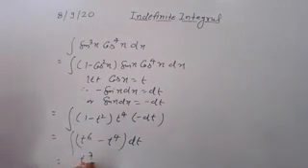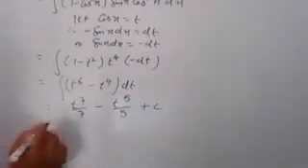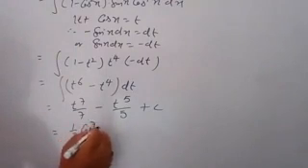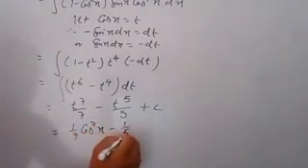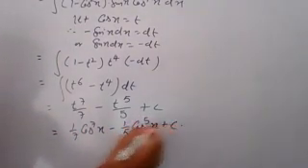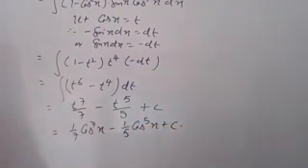You have t to the power 7 upon 7 minus t to the power 5 upon 5 plus c. Now putting the value of t, you have 1 upon 7 cos to the power 7x minus 1 upon 5 cos to the power 5x plus c. So in this way, you solve your integral.